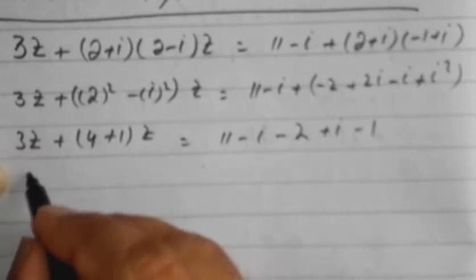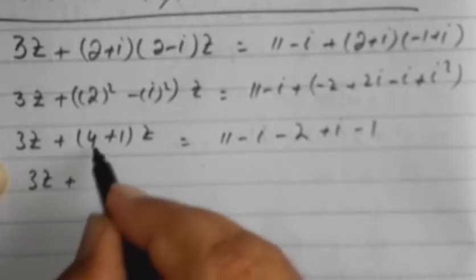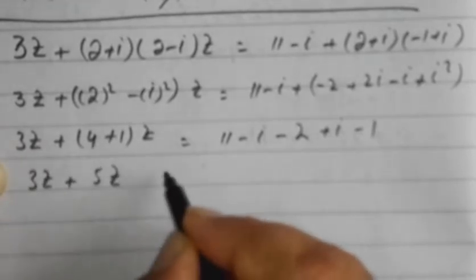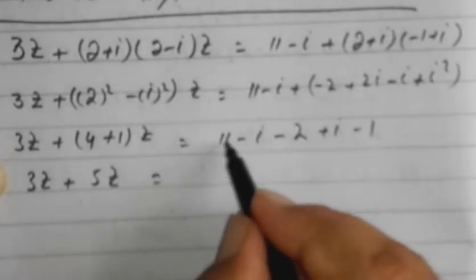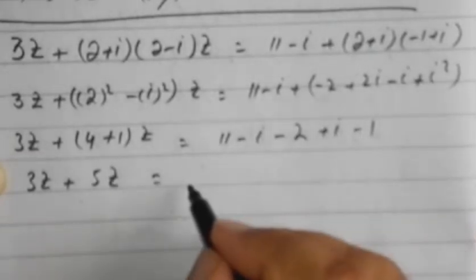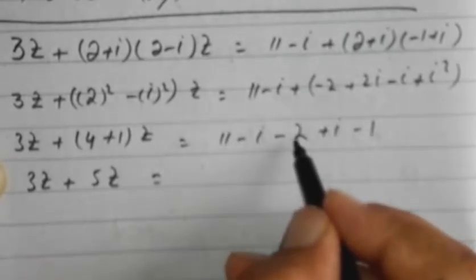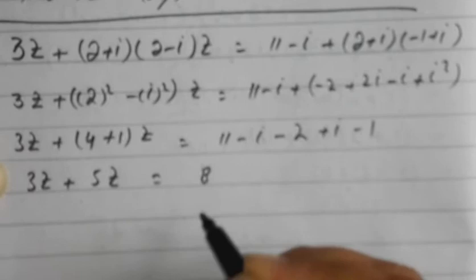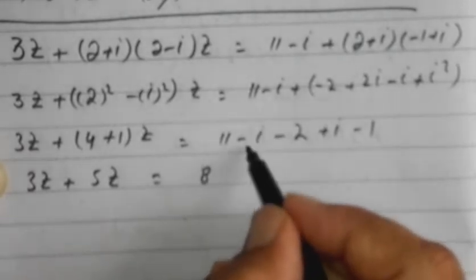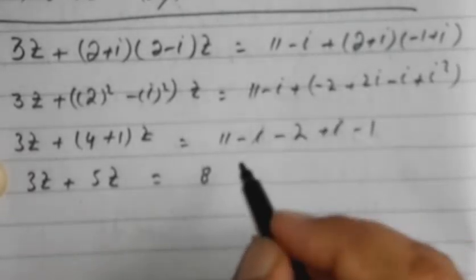Look here, 3z plus 4 plus 1, 5z equals to, now 11 minus 1 we get 10, and 10 minus 2 we get 8, and this iota cancels with this iota.